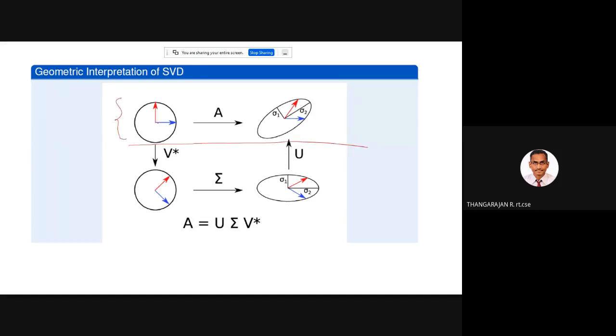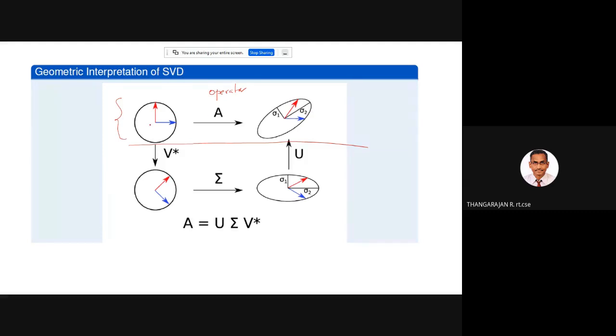This is a data vector, in some basis, which you apply to a matrix A. A is an operator; when I say operator, I mean it is a matrix. A is an operator which applies on this particular vector. What it does is not only change the length of the vector, but also change the direction of the vector.